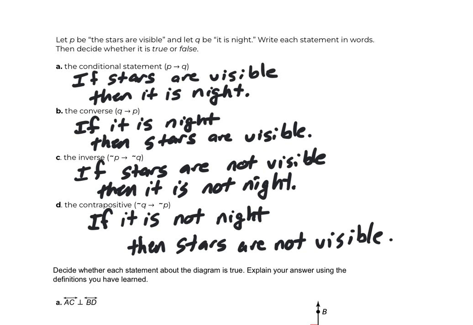As we go back up here then, if the stars are visible, then it is night. True or false? True. Okay. If I can see the stars, that means it's nighttime. If it is night, then stars are visible. False.